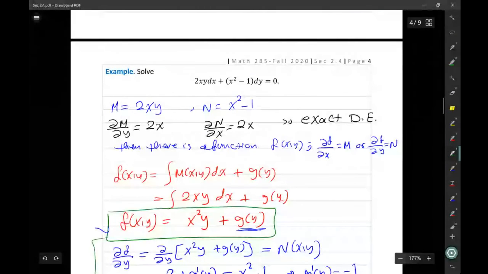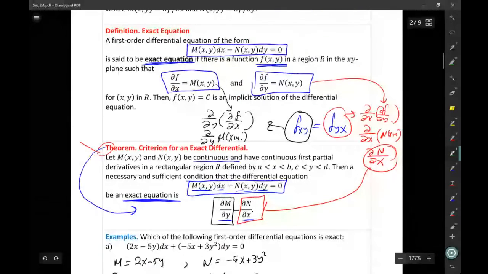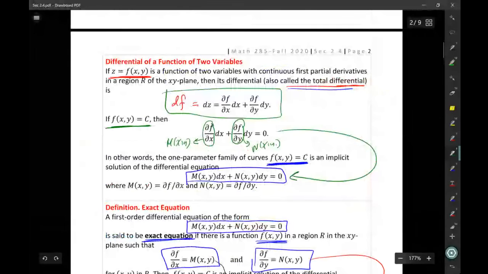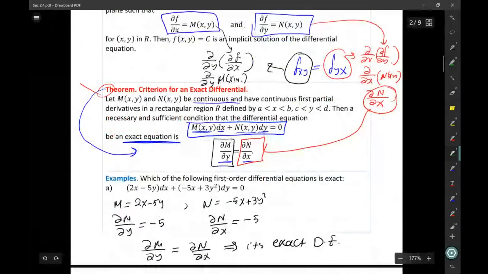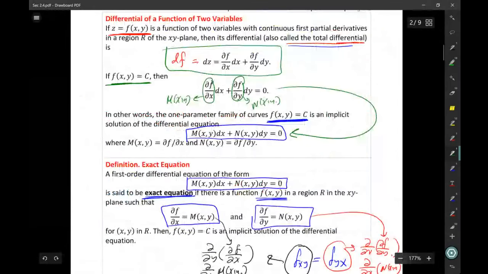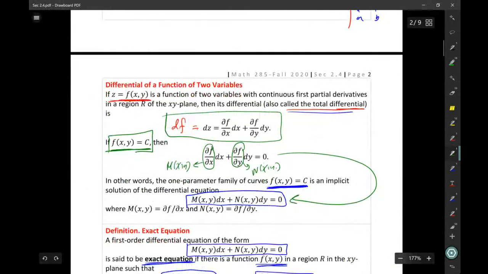But if you go back to what we explained before, the solution should be f of x, y equal to c.